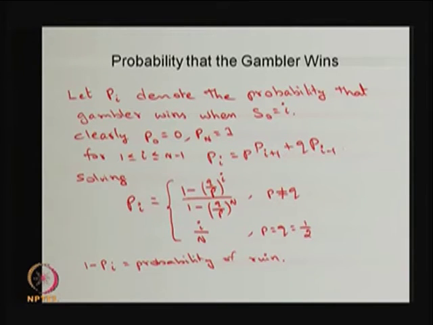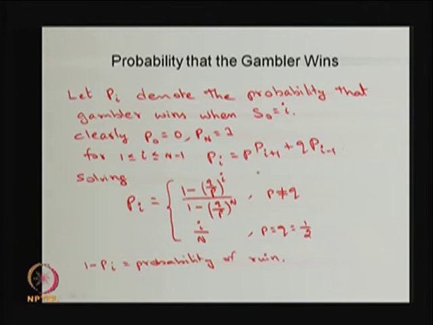That means the probability that the gambler wins with i amount initially is the same as: he has i plus 1 amount and wins with probability p, or he has i minus 1 amount and wins, multiplied by the probability q, where q is the probability that he loses. So, these two combinations give the probability of the gambler's win.